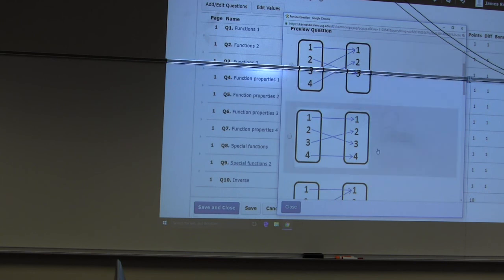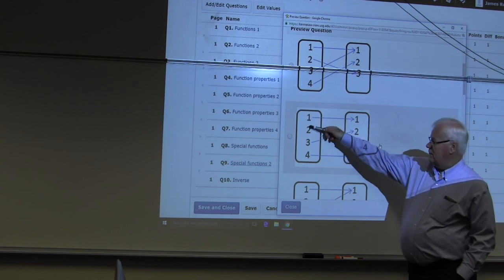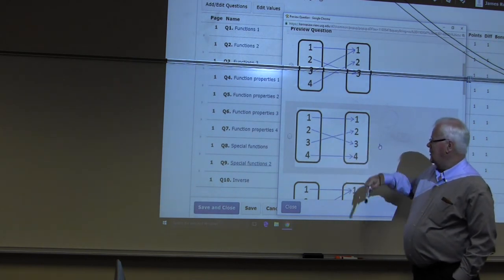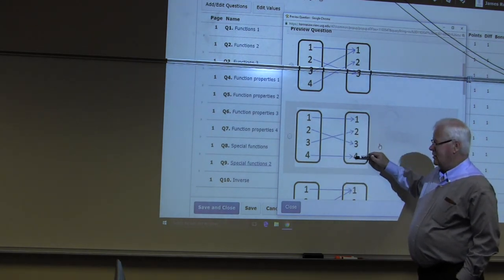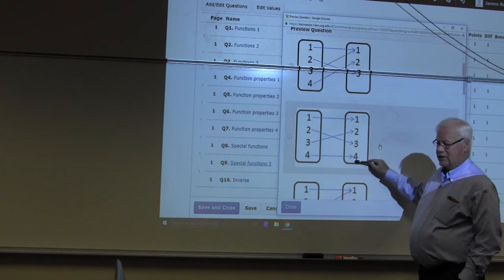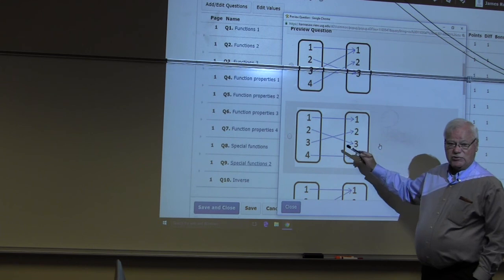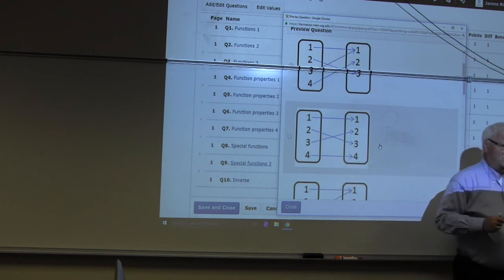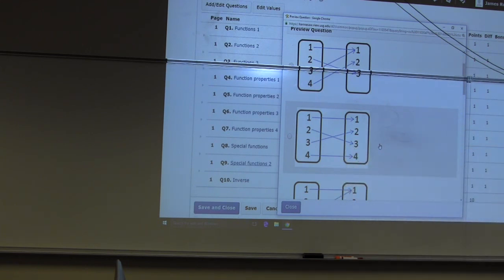Yes. This one is, isn't it? Because, first of all, it is a function. All of them have arrows coming out of it. Over here, there's only one arrow going into each one. That's one-to-one. Every one of them has an arrow coming into it. That's onto. So it's one-to-one and onto, which makes it a one-to-one correspondence.